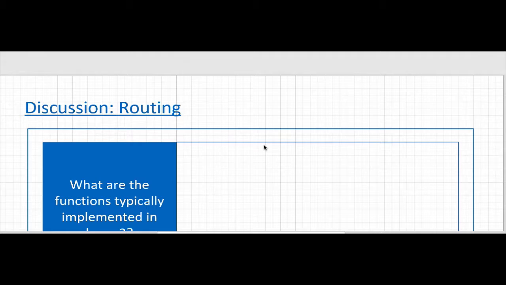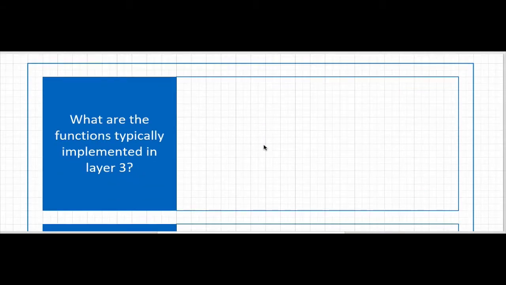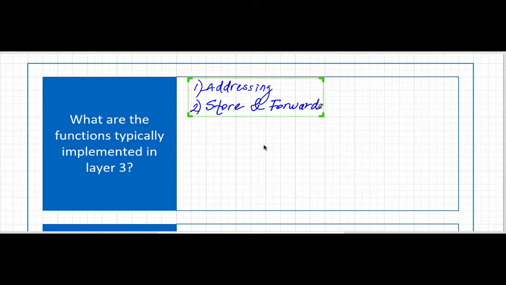Let's start with a quick discussion on routing and what the functions are that are typically implemented at layer 3. If you think about the things that we've looked at so far, we know that layer 3 has definitely some addressing. We also know that it can do store and forward. So routers receive packets, analyze them, and forward them based on a forwarding table.